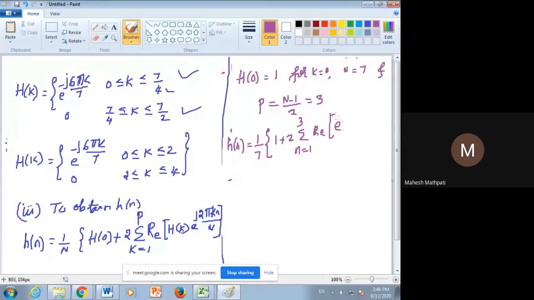We have h of k is e power minus j 6 pi k by 7 into e power j 2 pi k n by n. It is n is 7. Close the bracket.